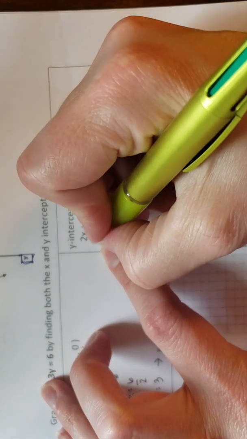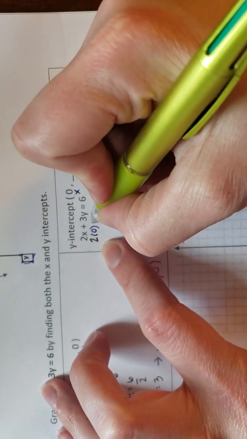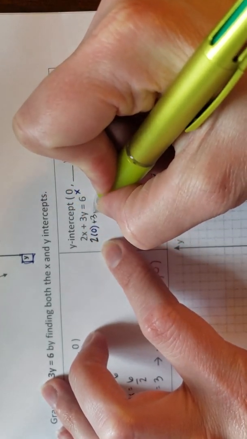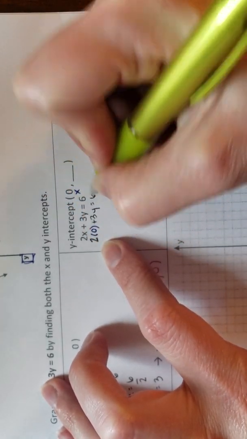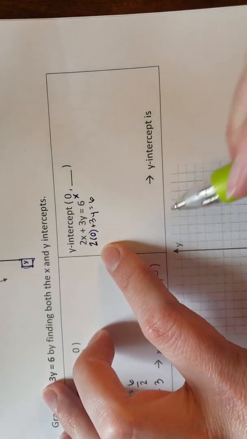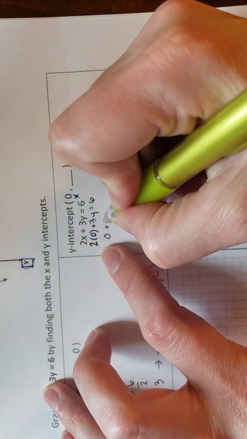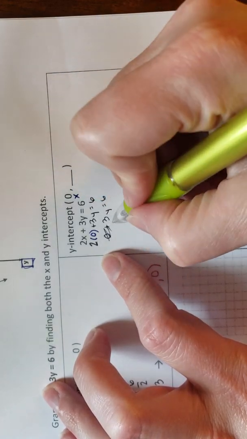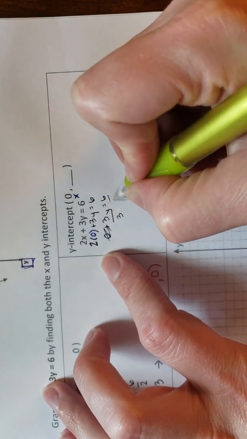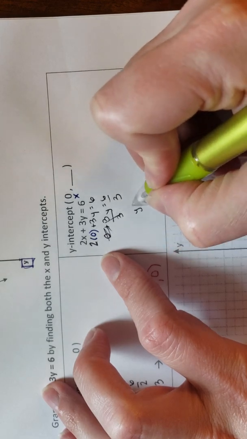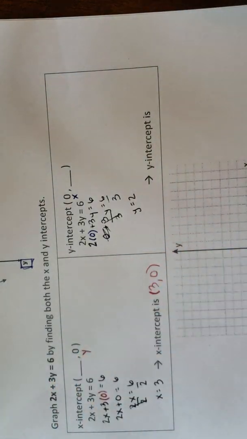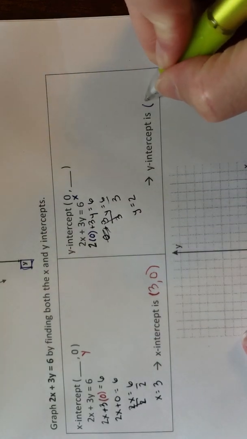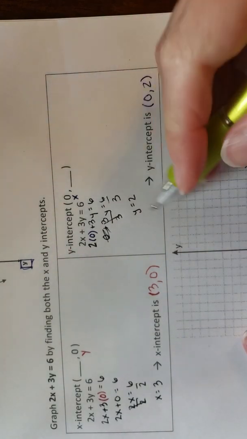Everything else comes down unchanged. 2 times 0 is 0, you don't have to write that. If 3y is 6, 1 y is 2. So therefore, the y-intercept is (0, 2), right?